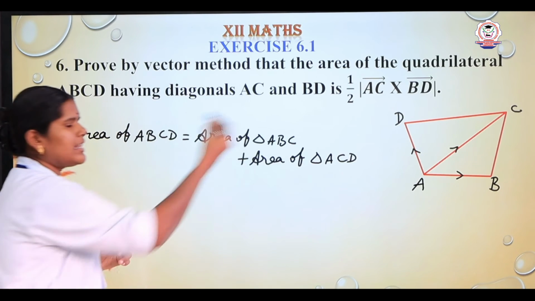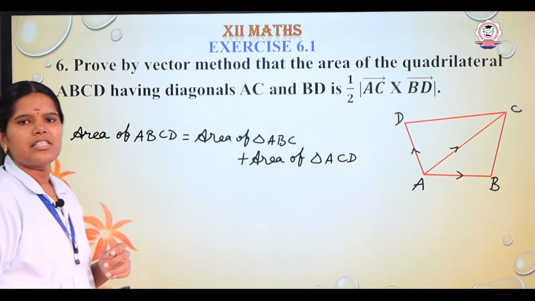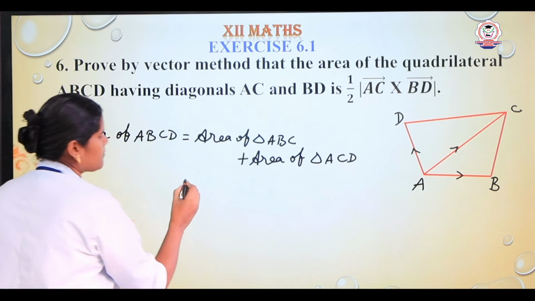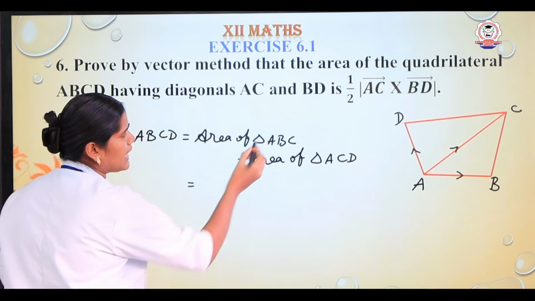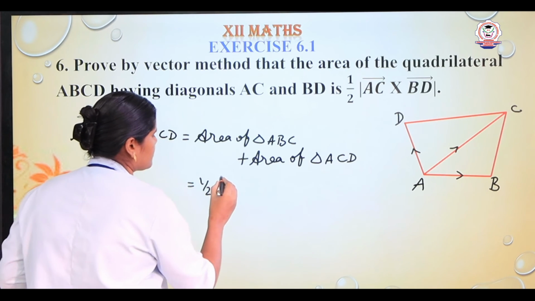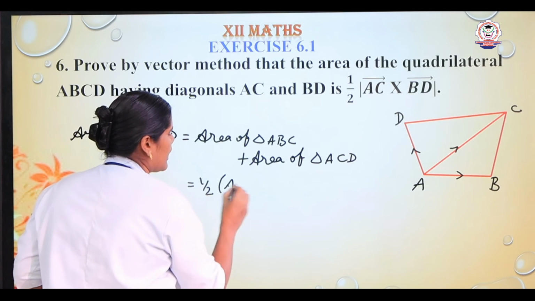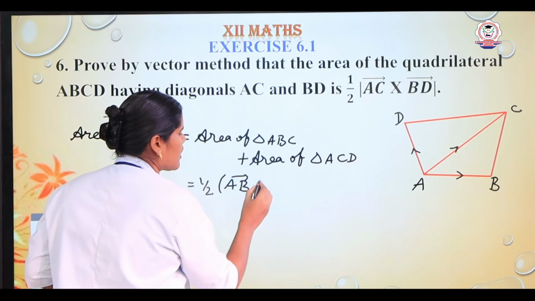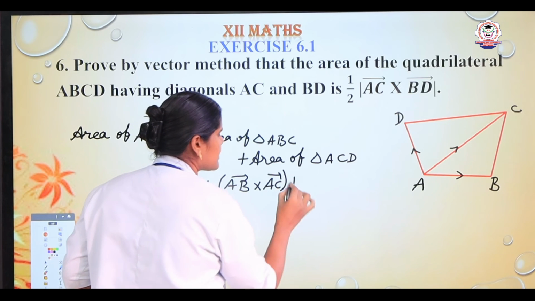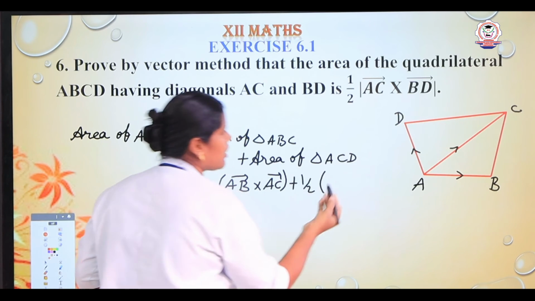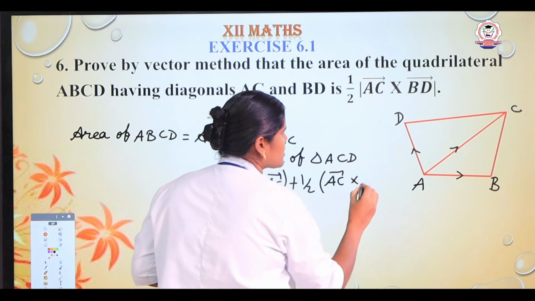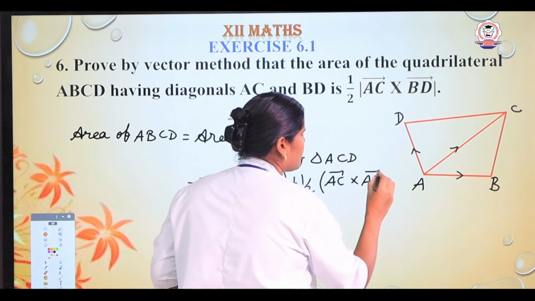We already know the formula for the area of a triangle, which is half base into height. So area of triangle ABC is equal to half AB vector cross AC vector, plus half AC vector cross AD vector.